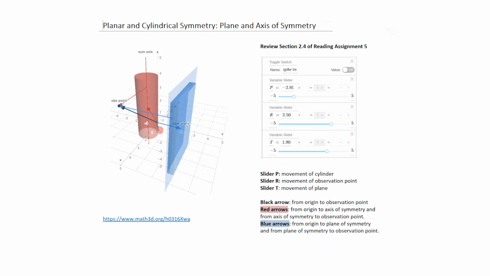In the case of the symmetry plane, it's with respect to the origin, to a point which is perpendicular to the plane, that is the plane of symmetry. Anyways, if you want to look at this, you can at this location here.